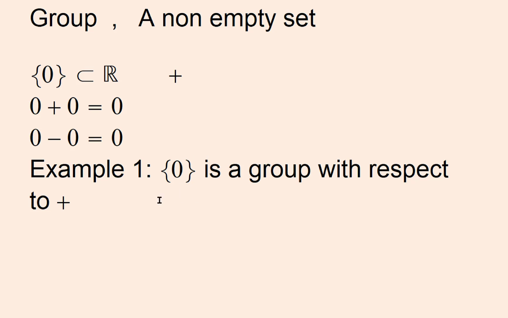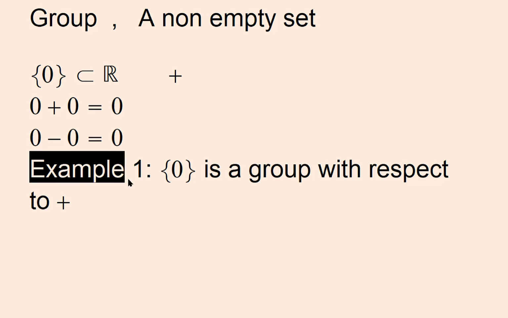And this addition is associative, which we took for granted. And then we have an identity: if we add 0 to any number, well, if 0 is the only number, we get a 0. And if we subtract 0 from 0, we get the identity. So this is a group.